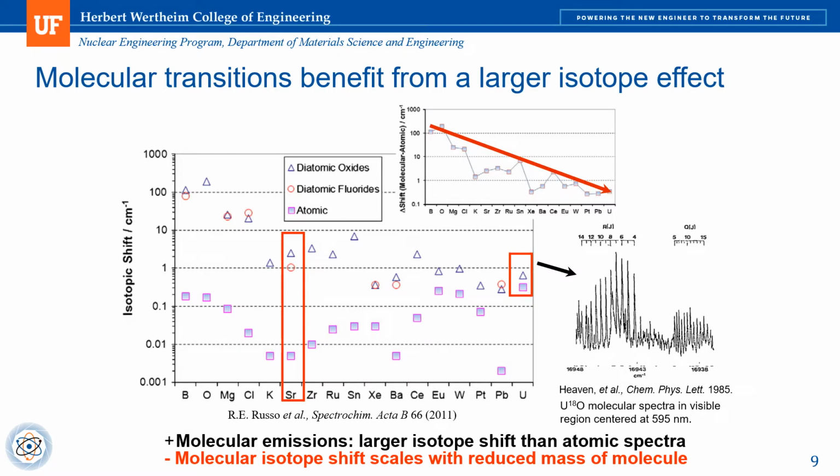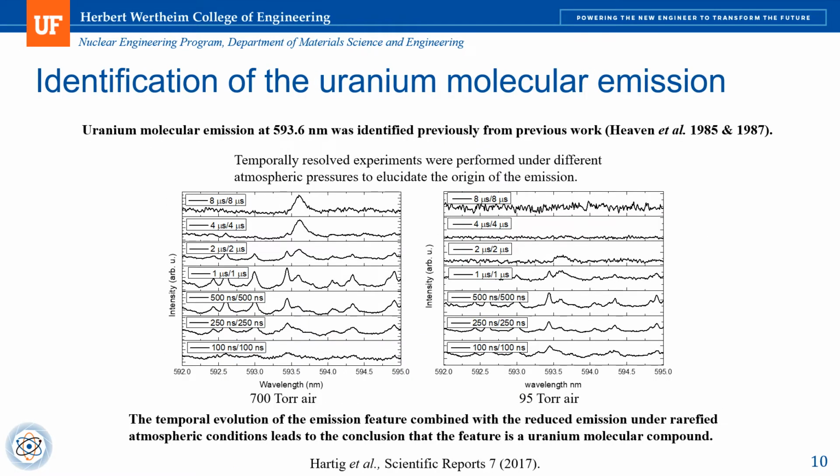Molecular transitions benefit from a larger isotope effect. For uranium, we can see here that the uranium monoxide diatomic molecular isotope shift is about 3 or 4 times greater than that of just the uranium atomic isotope shift alone. So I alluded to this on the previous slide, but the molecular measurements benefit from the chemistry of the plasma expanding into the ambient environment.